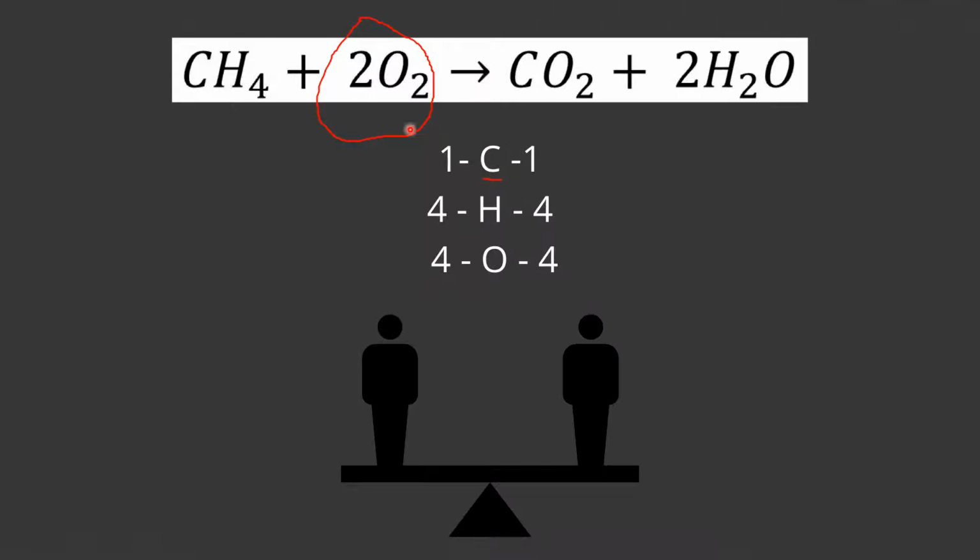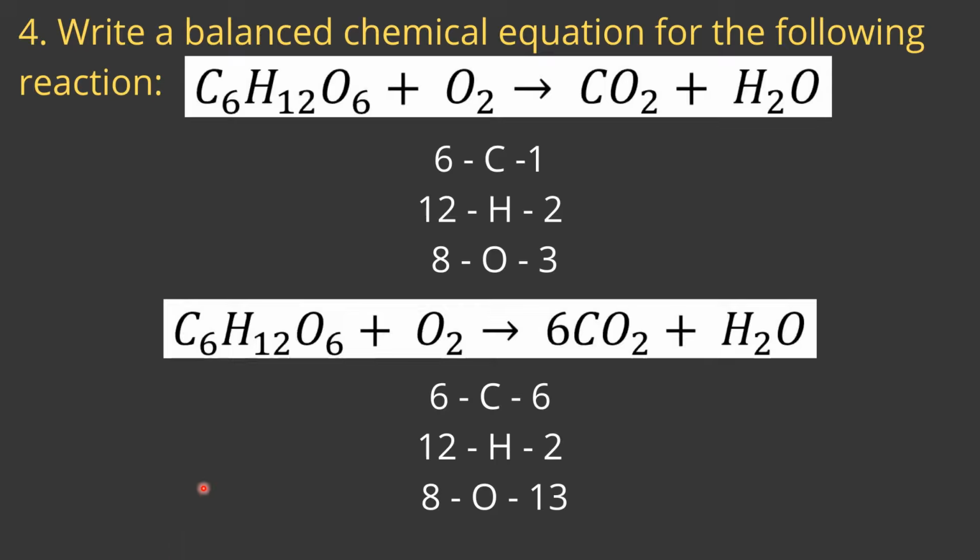Oxygens, it's 2 times 2, which should give us 4. And then it's this O2, which is 2, plus this 2 here for oxygen, which will give us 4. And our equation is balanced. Hope that was clear. Let us look at another example, right? So you have to write another balanced chemical equation for the reaction that was given.